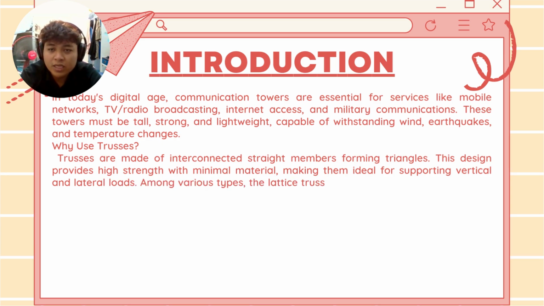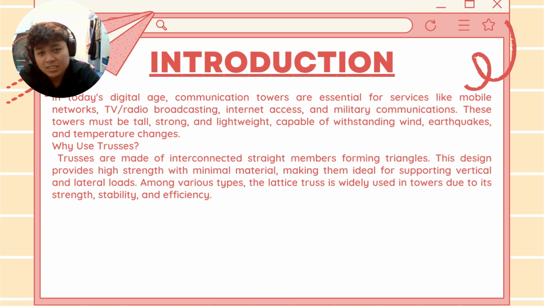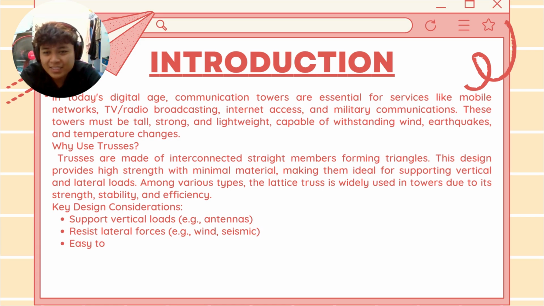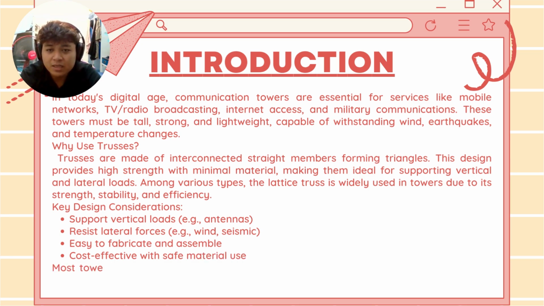For key design considerations, first, it supports vertical loads such as antennas. Next, it resists lateral forces such as wind and seismic shaking. Next, it is easy to fabricate and assemble. And the last one is cost effective with safe material use.